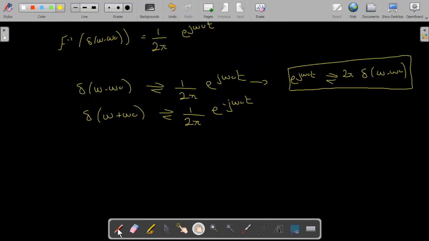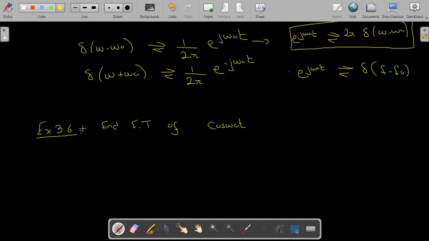Now if we are looking at the frequency domain, we can say that this is our angular frequency domain. In the frequency domain we are going to have e power j omega naught t, and this inverse Fourier transform is going to be delta f minus f naught. So there will be no 2 pi in that case, in case of the frequency, that is the f domain.